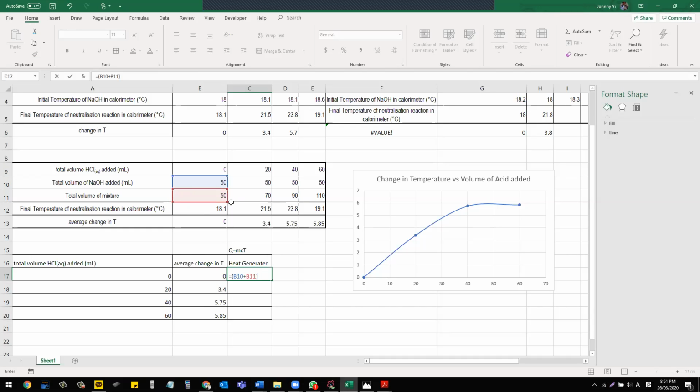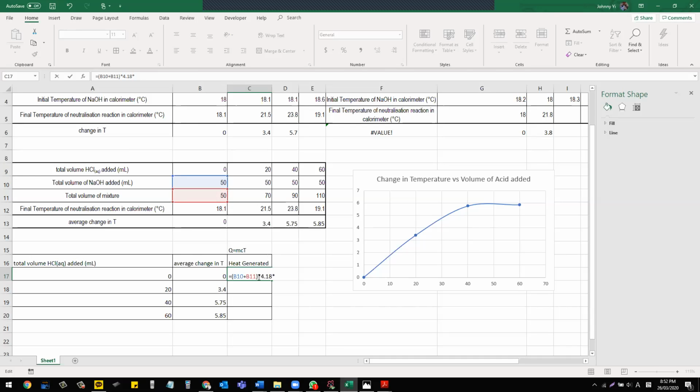And then that's in grams. So you've got to do 4.18 joules per gram.